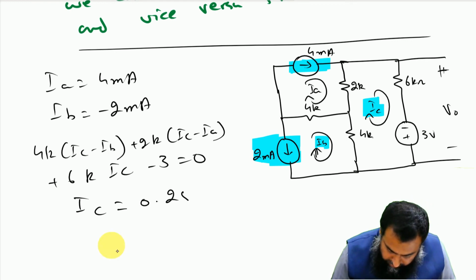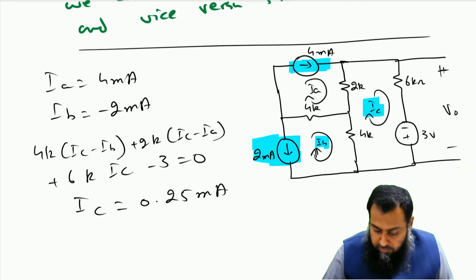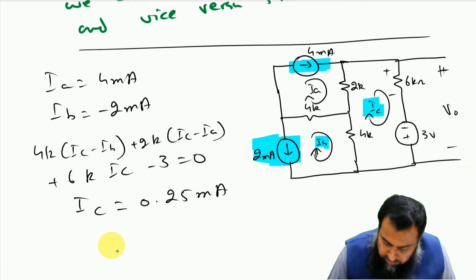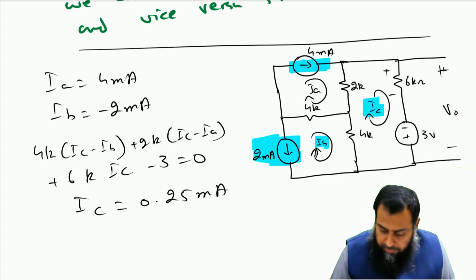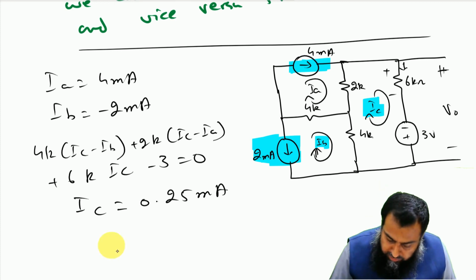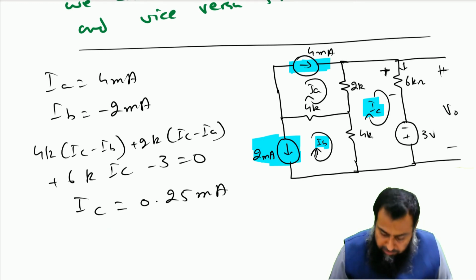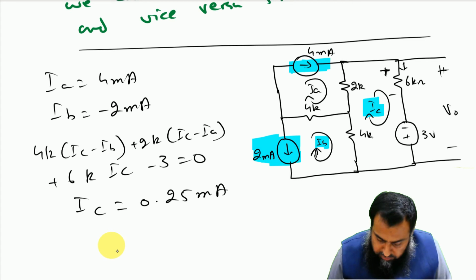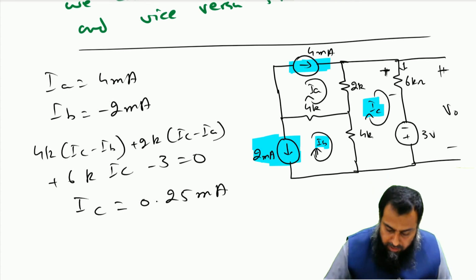So we have IC equal to 0.25 milliampere. Now once we know the value of IC, we know the voltage drop across this 6 kilo ohm resistance, by virtue of Ohm's law. The current is entering here, so this side is positive and this side is negative. The total voltage drop across the 6 kilo ohm resistance is V equal to I into R, and that is a multiplication of this current with this 6 kilo ohm resistance, and that gives me 1.5.